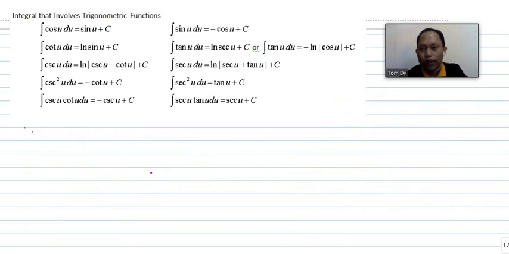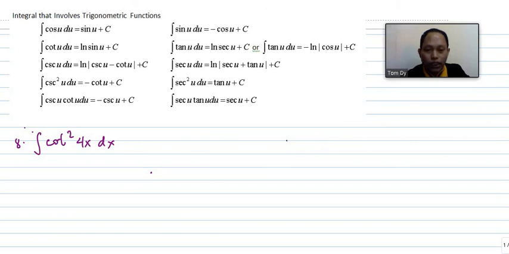Next example, last example, example number 8: the integral of cotangent squared 4x dx. If you have noticed, there is no cotangent squared in our formulas. Instead, we will transform this into another identity.